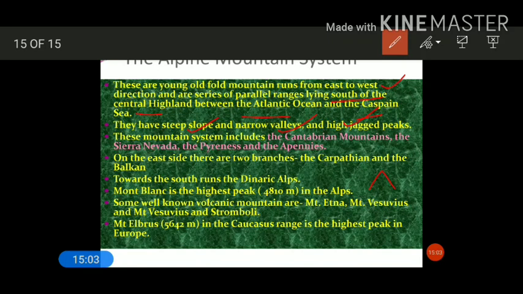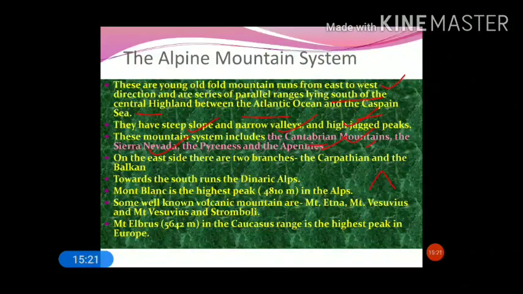Now coming to the next, this mountain system includes the Cantabrian mountain system. So importantly, the Cantabrian mountain system is a part of the Alpine mountain system. Sierra Nevada, Pyrenees and Apennines are some of the important mountain ranges that lie in the Alpine system of mountains. On the eastern side, near the Ural mountain region, there are two branches, the Carpathian and the Balkan, which are the two branches of the Alpine mountain system.